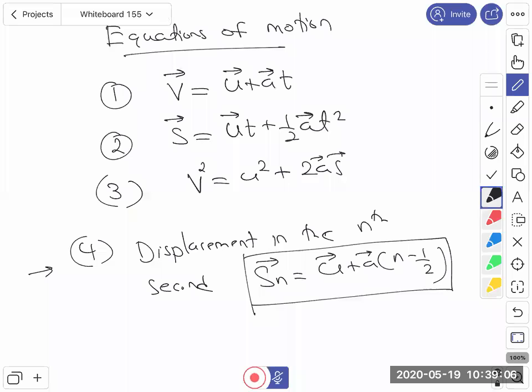Yeah, we are going to derive it. Sir, what have you written in the last formula, that is the Sn vector is equal to u plus a into n minus half? Yes, u plus a into n minus half.